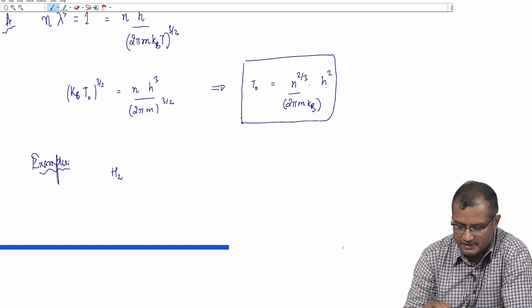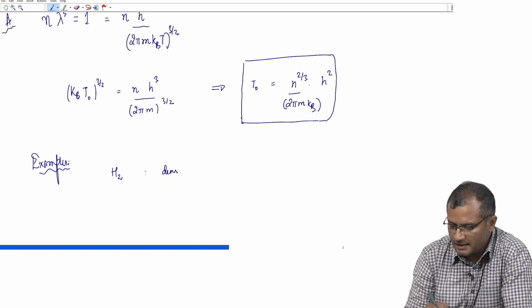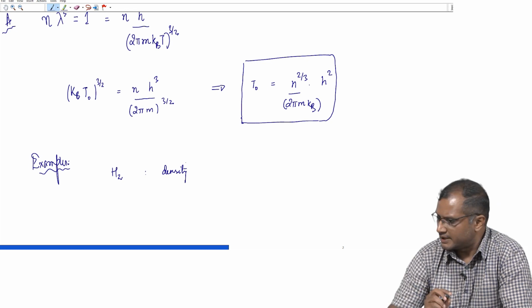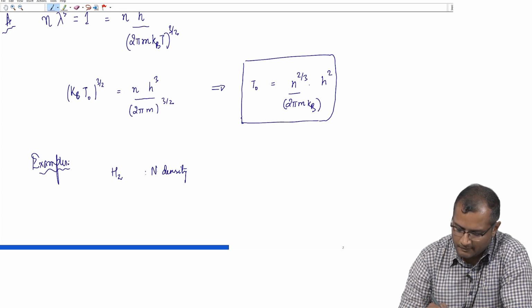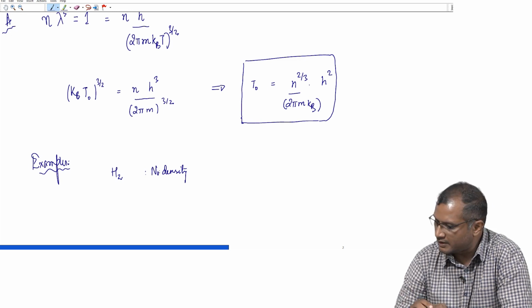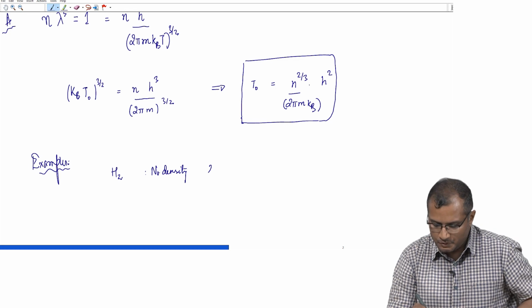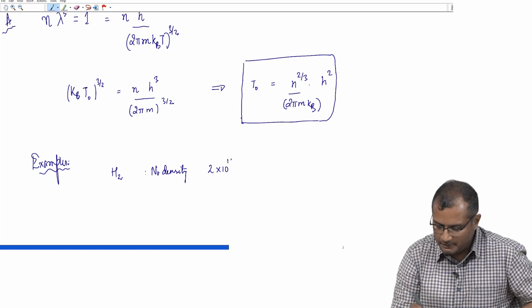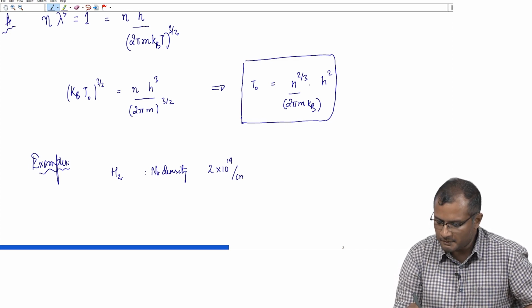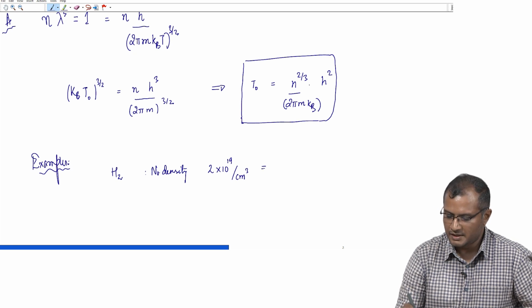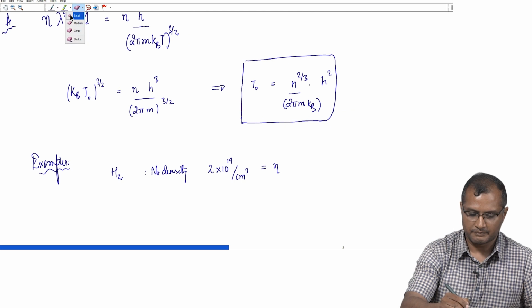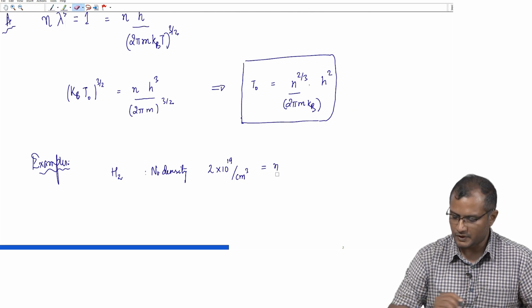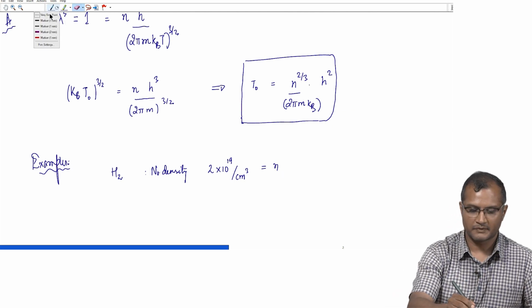So, hydrogen for instance has a number density of 2 into 10 to the power 19 per centimeter cube. So, this is the number density for nitrogen. Okay. So, this is the n for nitrogen.